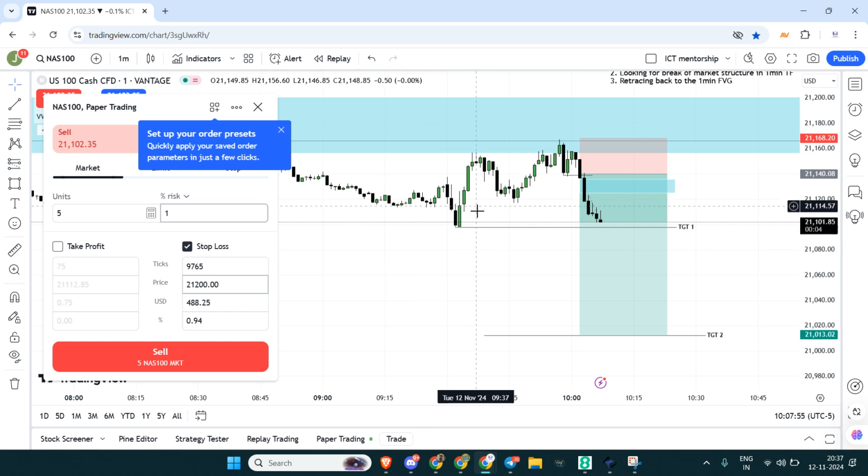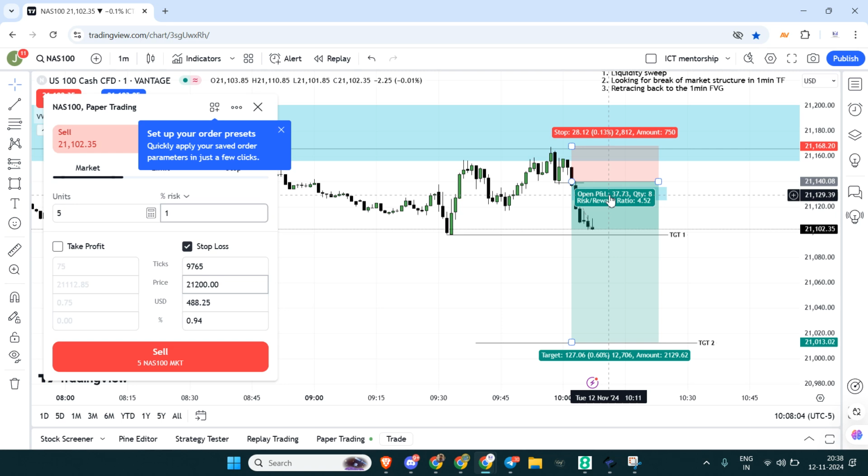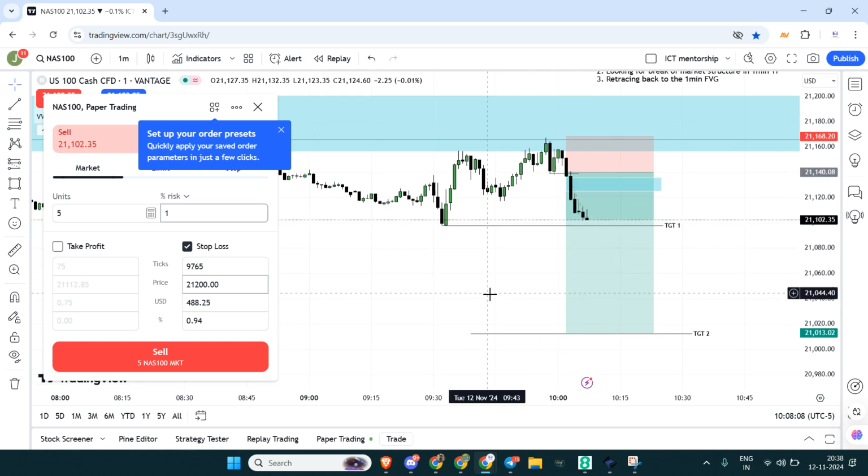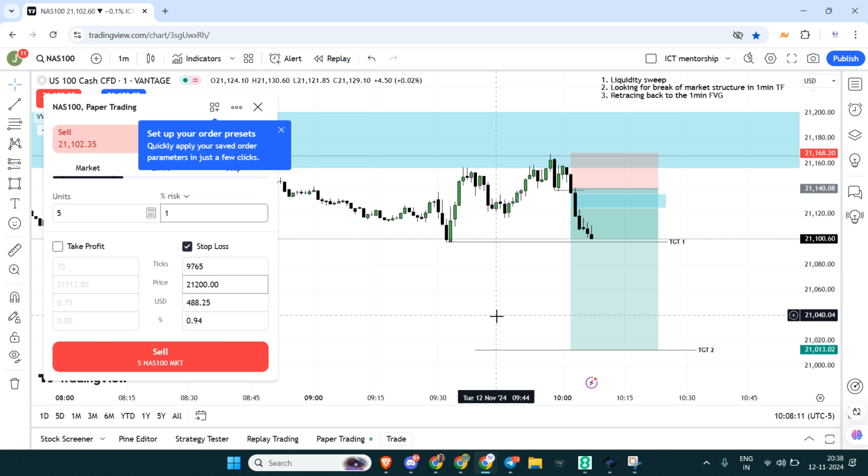There are chances that price hits our liquidity, sweeping this liquidity or achieving our target one, and then goes back to these levels or this FVG and continues the bearish movement. Let's see.